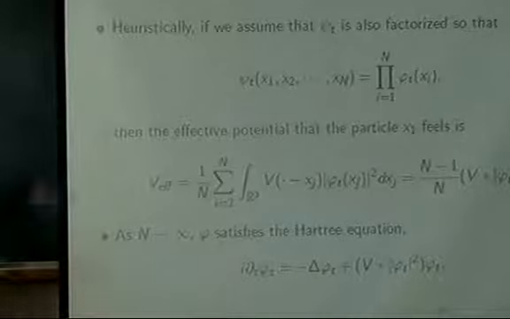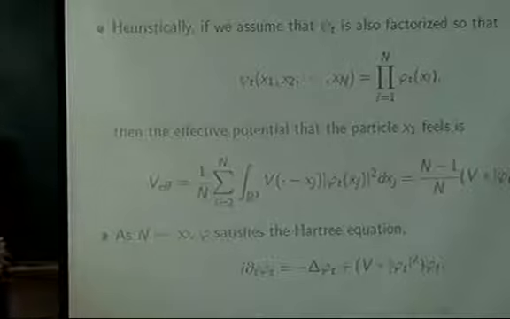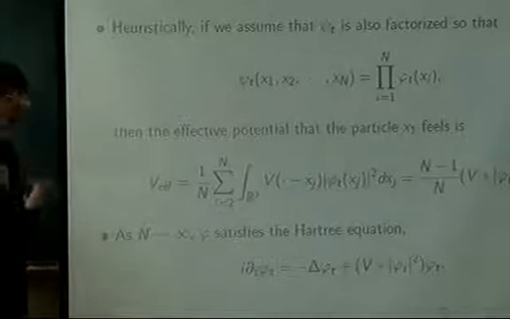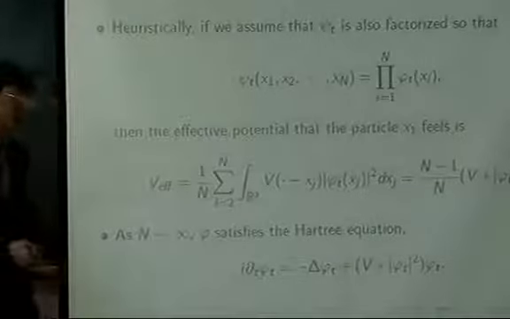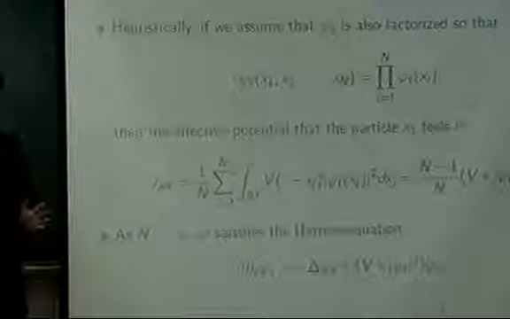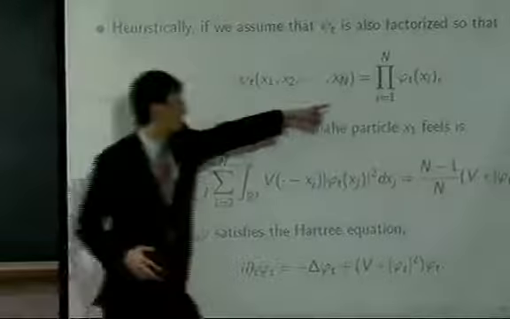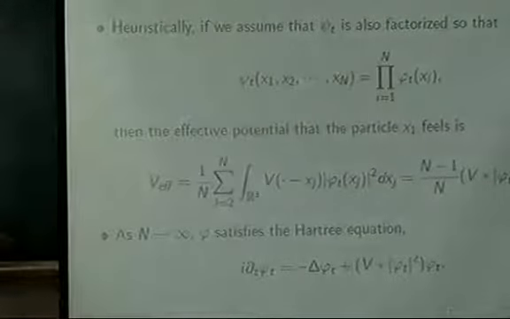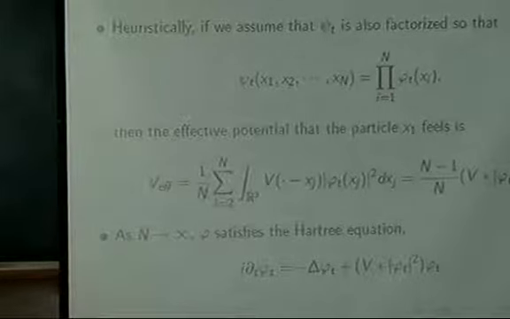That's what you call the Hartree equation or nonlinear Schrödinger equation. So we can track each particle by using this Hartree equation, and the final result is almost like the product of phi t's. That's from theoretical physics.